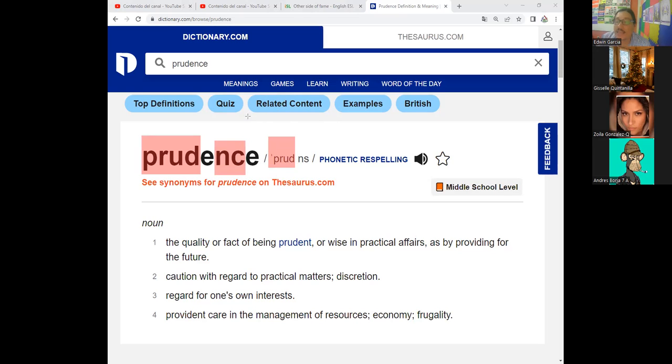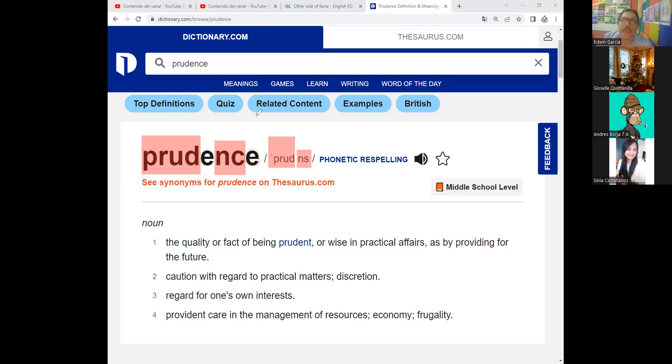But pay attention, because for the second syllable we are going to use just the N and the C sounds. In this case, the C is like an unvoiced S, and we have here S, so it ends, prudence. That means that this E is mute and this other E is mute. We are not going to pronounce this one or this one.